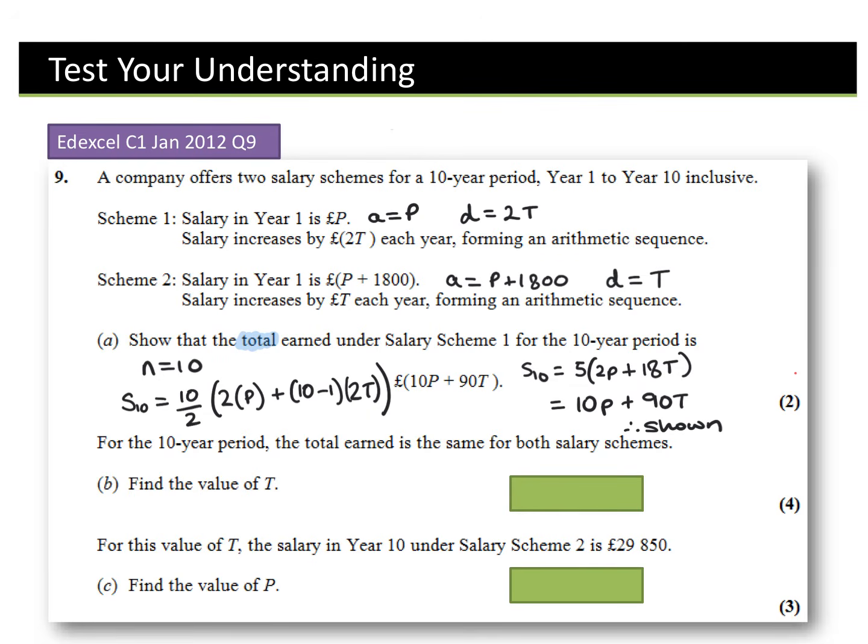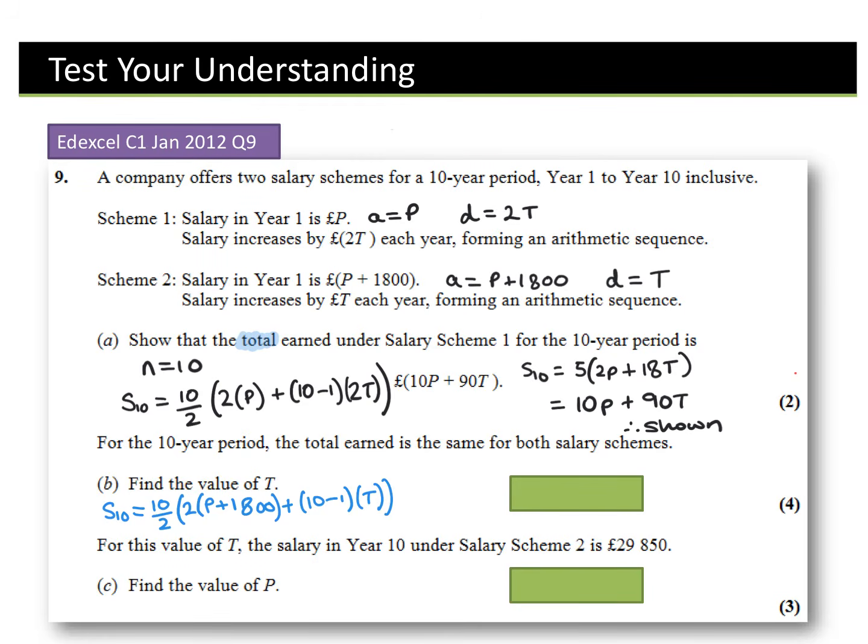So, S10 for the second scheme, I'm going to do in a different colour. Remember, our n is still 10 over 2, lots of 2 lots of A. Our A in this case is P plus 1,800 plus 10 minus 1 lots of t.